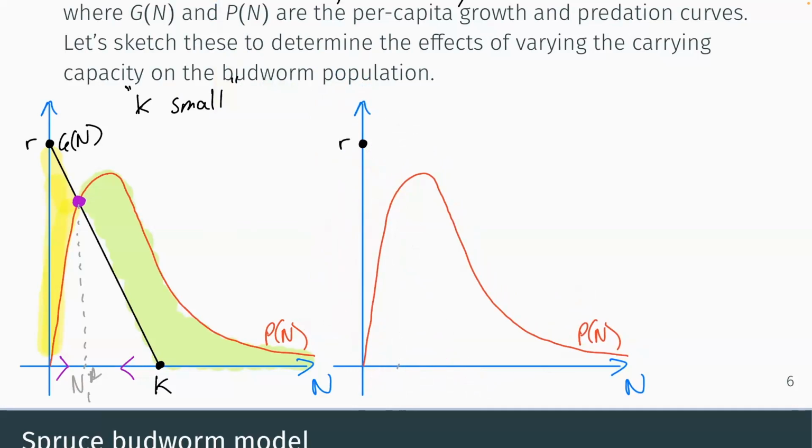So that red curve stays the same. Remember, our predation has not changed at all. Now we're going to increase this K, and I'm going to pop it over here. Hopefully that's enough. So I've increased this K enough now that there are 3 intersections.